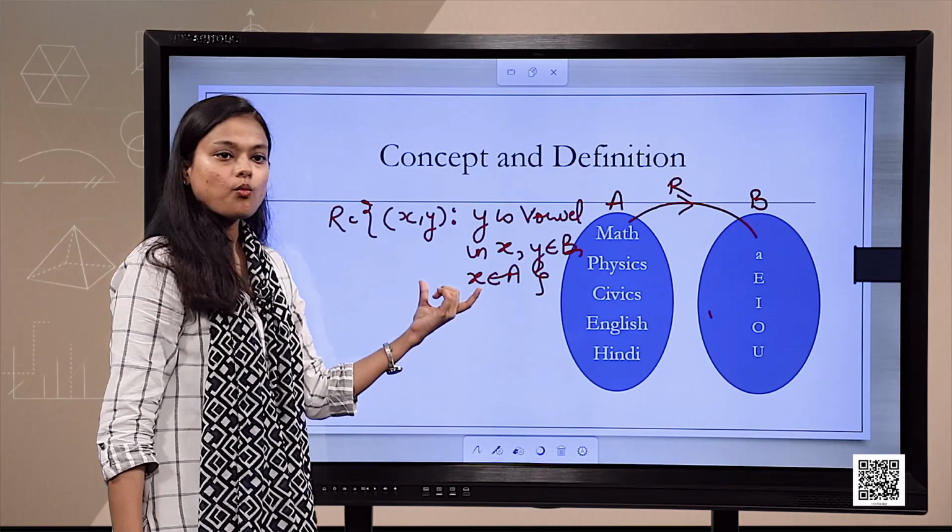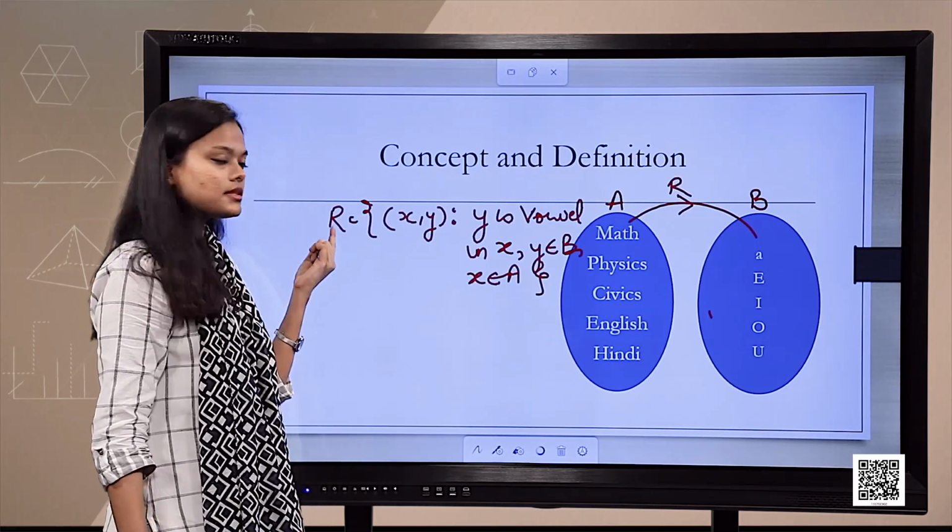So, can you tell me what ordered pairs will be there in this R?